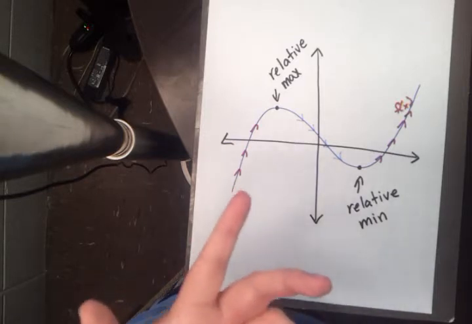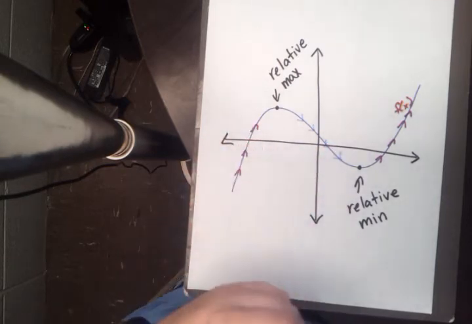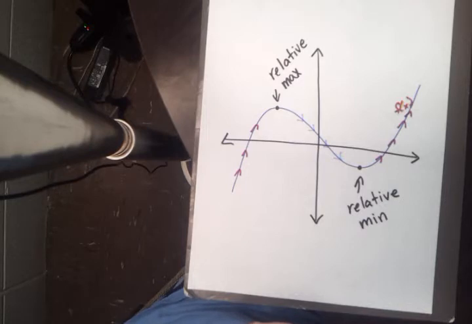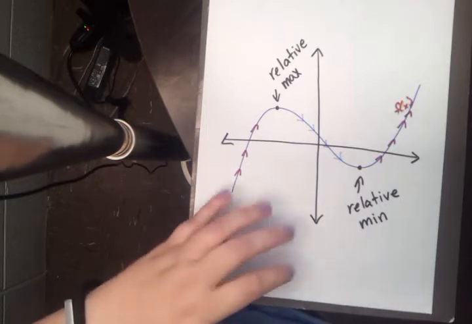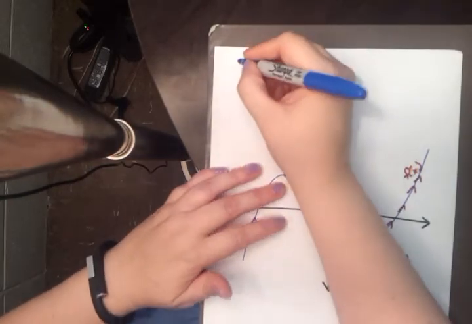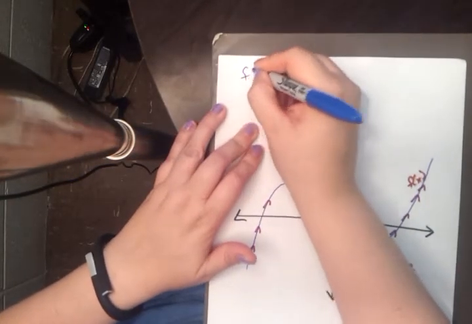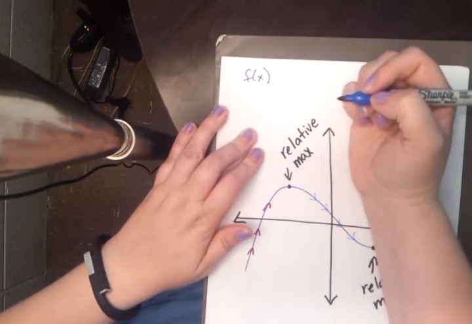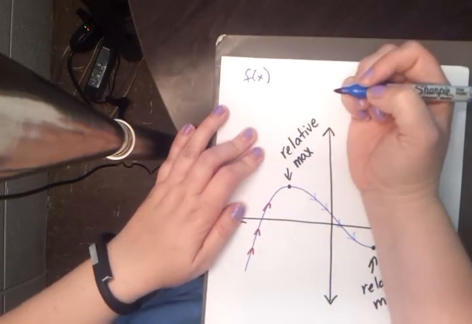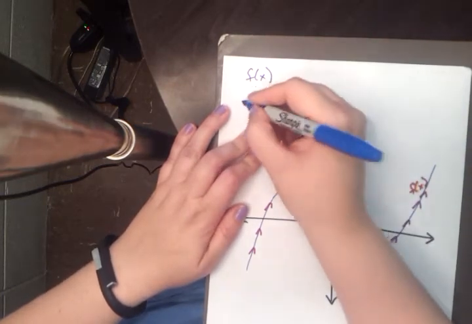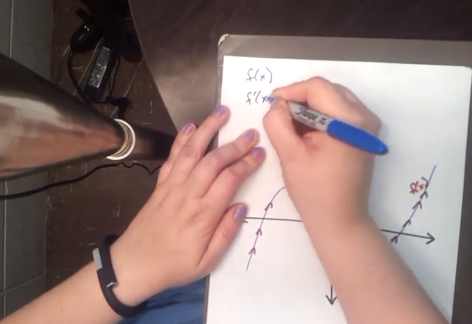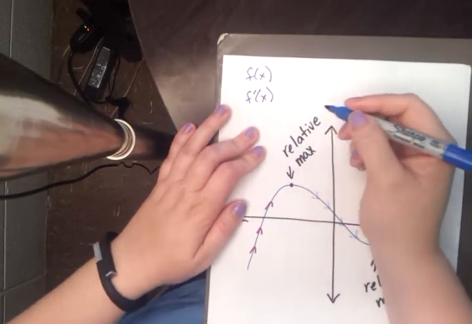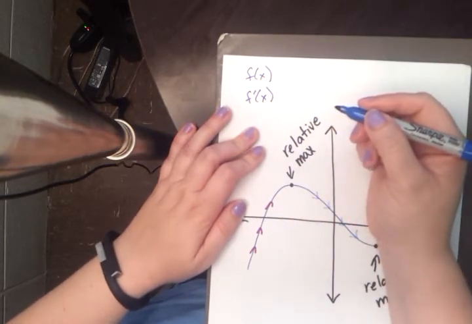The question is, if they give you a function, how are you going to figure this out for yourself? The thing that you need to remember when figuring these out is what we said when we started looking at derivatives. If I give you a function f of x, make sure you can see what I'm writing there, okay? If I give you a function f of x and I ask you to find the derivative of it, f prime of x, one of the things that we said the derivative was, because there were a lot of things that it was equal to.